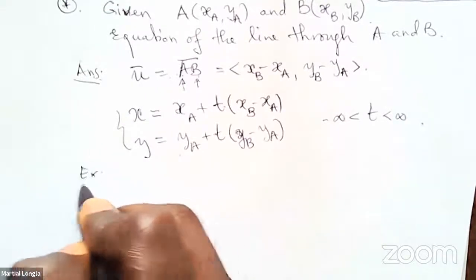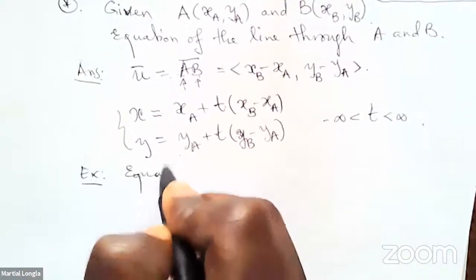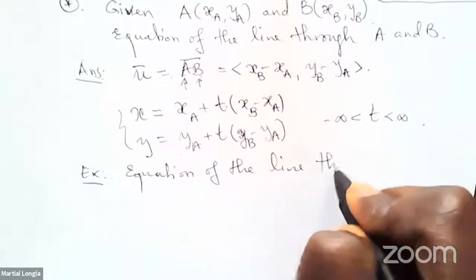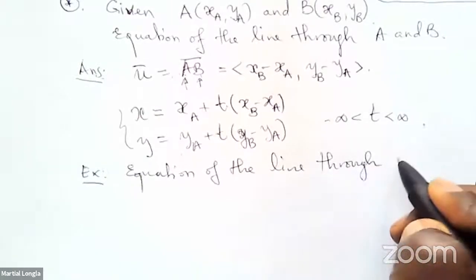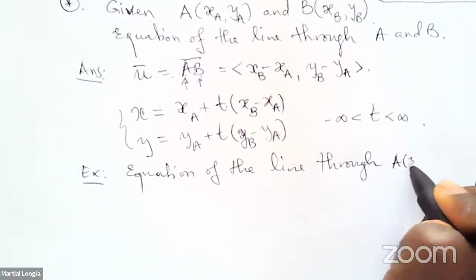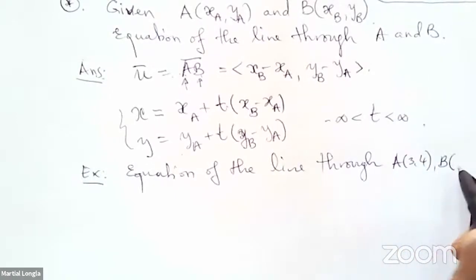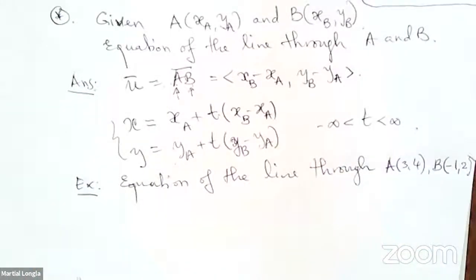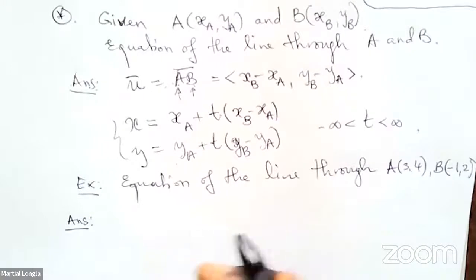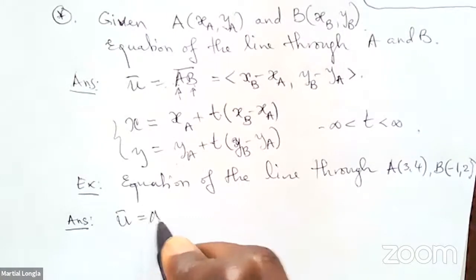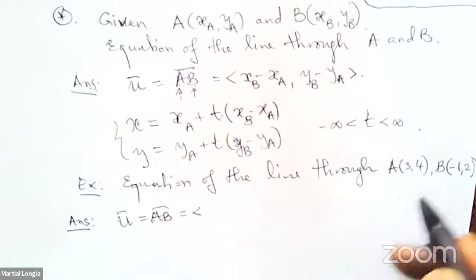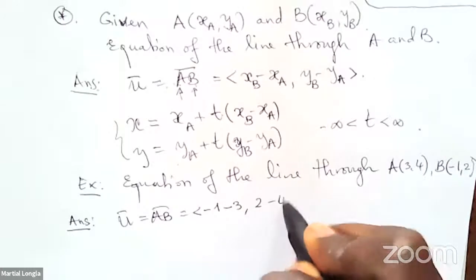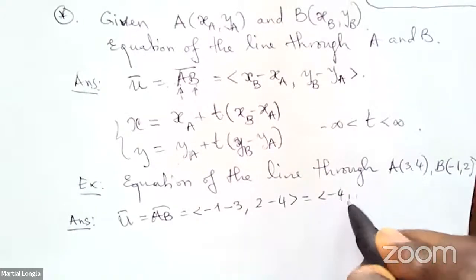Example: equation of the line that goes through A with coordinates (3, 4) and B with coordinates (-1, 2). Answer: U equals AB equals (xB minus xA, yB minus yA), that's (-1 minus 3, 2 minus 4), and this is (-4, -2).